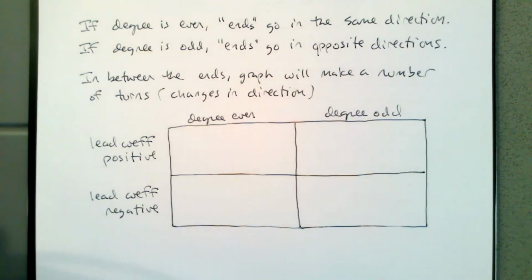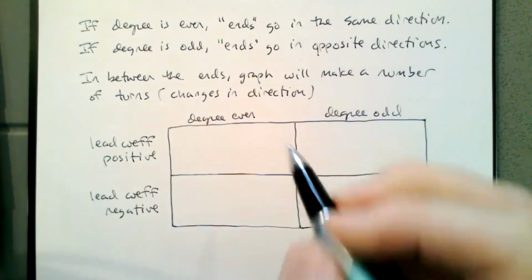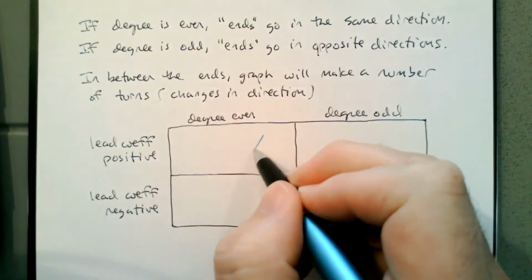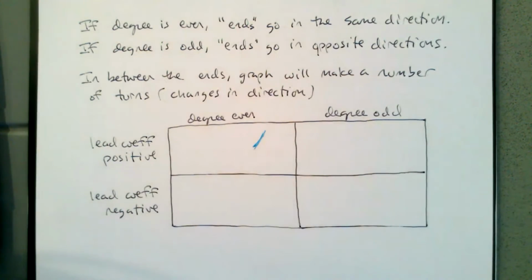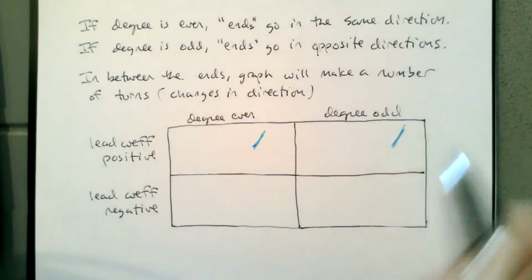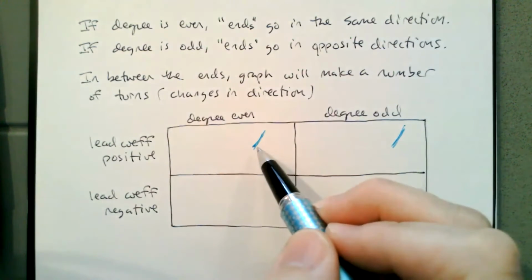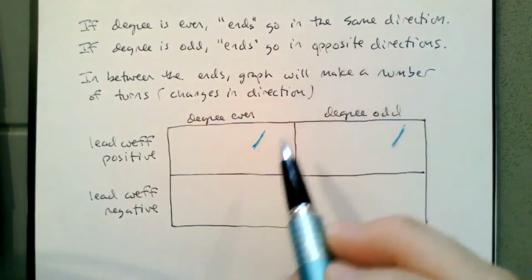If the leading coefficient is positive, the graph will go to infinity as x goes to infinity. Whether the degree is even or odd, if the leading coefficient is positive, sometimes we say the graph rises to the right.